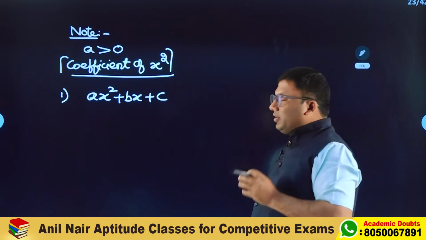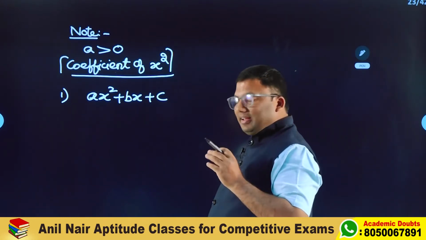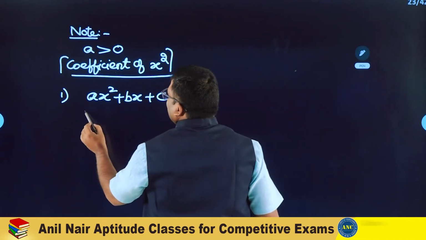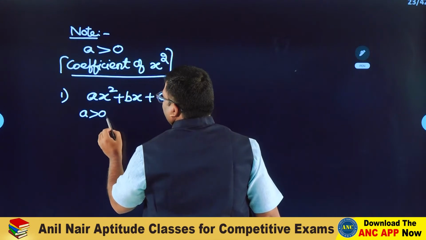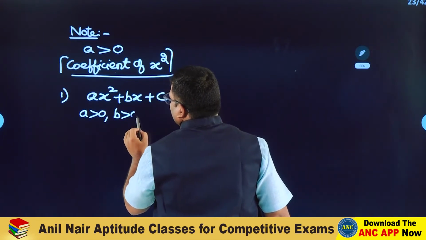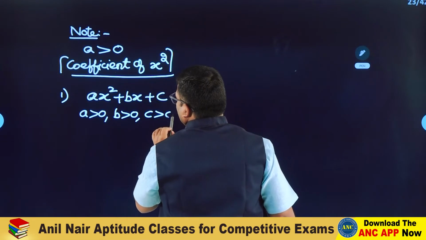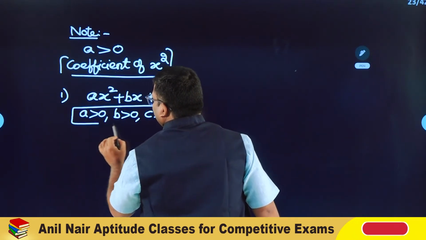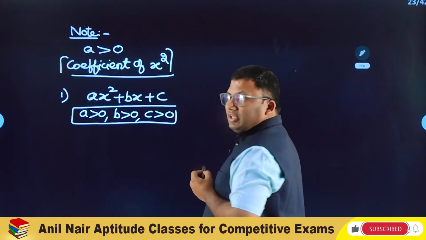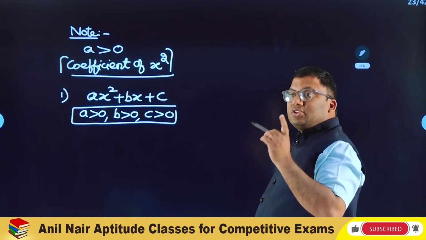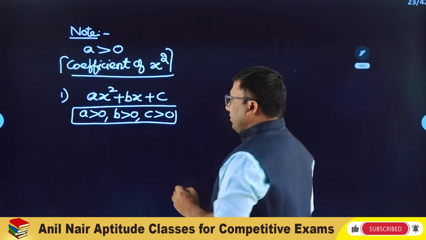General quadratic equation will be of the form ax square plus bx plus c. If I take A greater than 0, B greater than 0, C greater than 0, listen carefully.